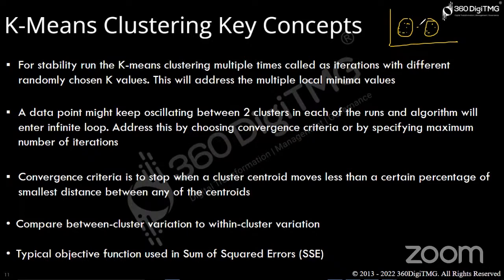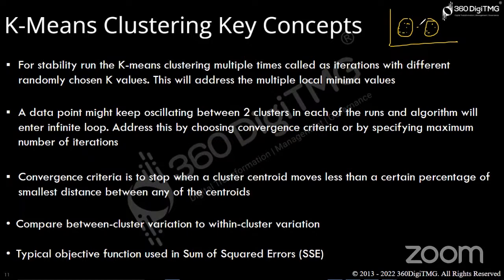But to avoid this oscillation, we have to specify the number of iterations, like 100 iterations. If it completes before 100 iterations, that is fine. If the process goes through all these iterations, at that point it automatically stops.